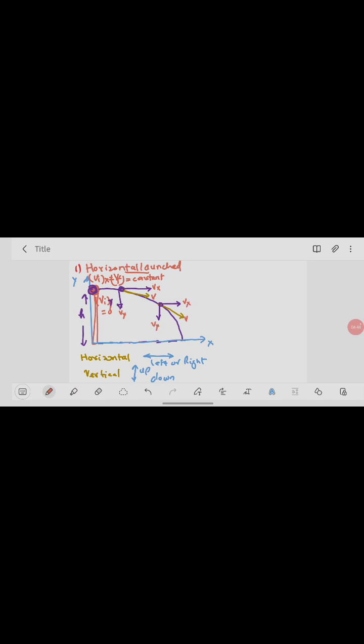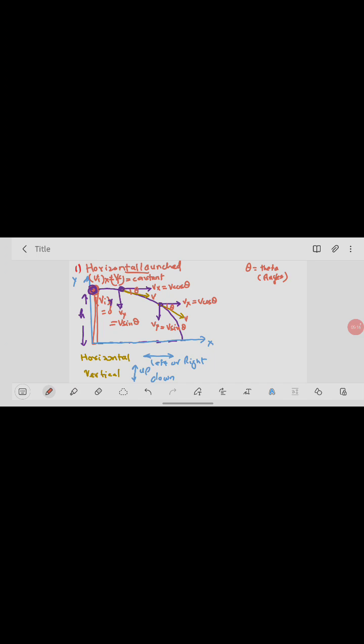Now if this angle is theta, the theta is along with the x-axis, that's why we'll take cos here. So vx is equal to v cos theta and vy is equal to v sin theta.